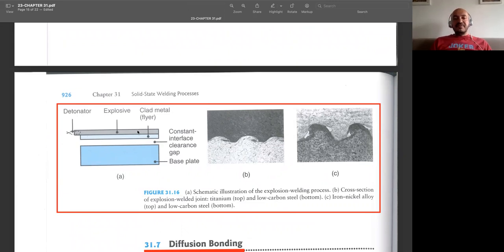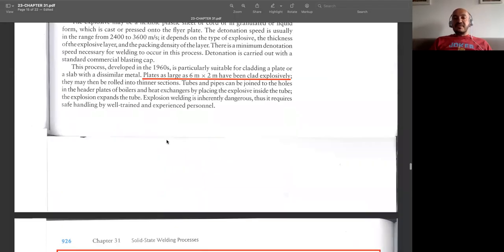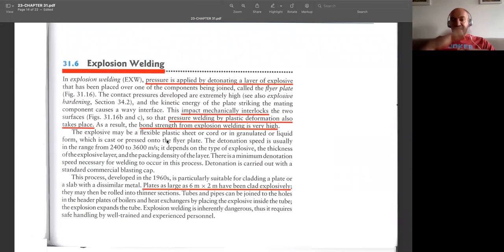Then with the help of these impact forces, this blue part, the clad metal, is pushed onto the surface, onto the base plate, and with the impact forces and the pressure we are applying in this explosive operation, we have good bonds between the products. The advantage is that we can easily apply it on very large products. We can clad such larger plates on top of each other.